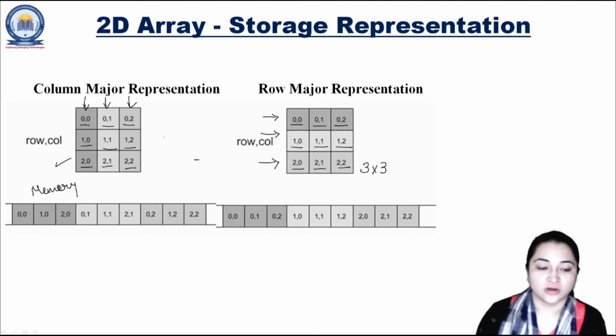So basically column major representation stores elements column wise from top to bottom, and in row major representation, elements are stored row wise from left to right. So this is how we can represent a 2D array in memory.